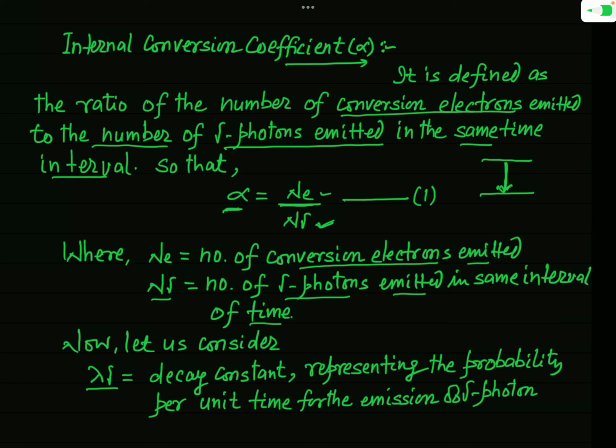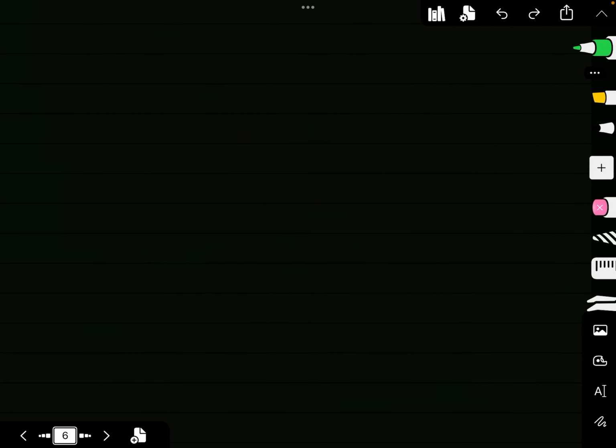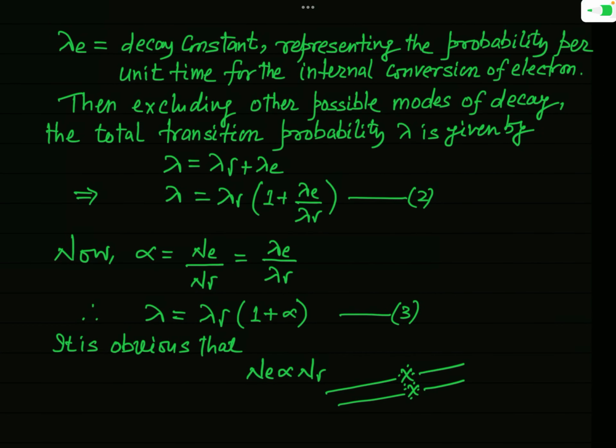Let us consider that lambda gamma is the decay constant representing the probability per unit time for the emission of a gamma photon. You know, lambda, the decay constant, is the measurement of the rate of probability, or probability per unit time, for the emission of a gamma photon. And similarly, we will consider that the decay constant lambda E represents the probability per unit time for the internal conversion of an electron.